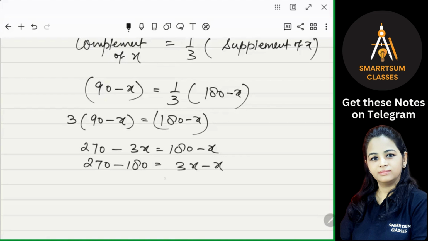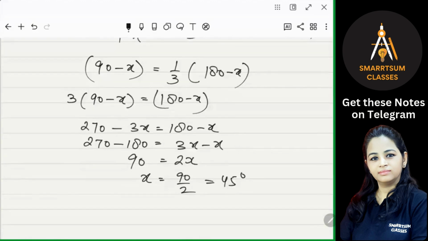So 270 minus 180 is 90. And 3x minus x is 2x. So x is equal to 90 upon 2, that is 45 degrees.